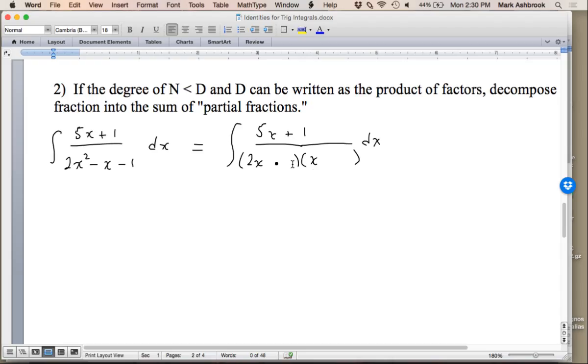We need factors that multiply to minus 1 and combine to give negative x, so plus 1 and minus 1, and the product is minus 1, and the sum of the inner and outer terms is negative x. So I think that works.